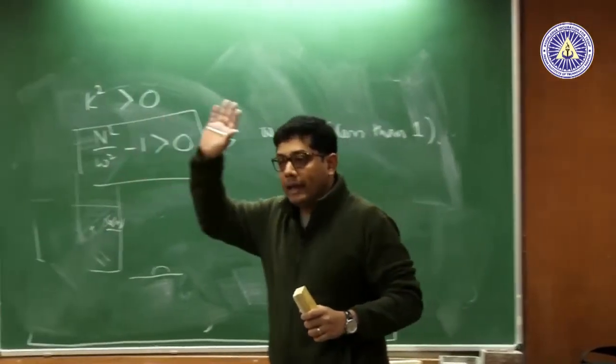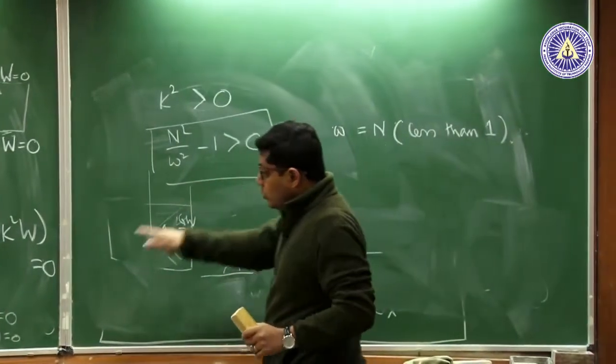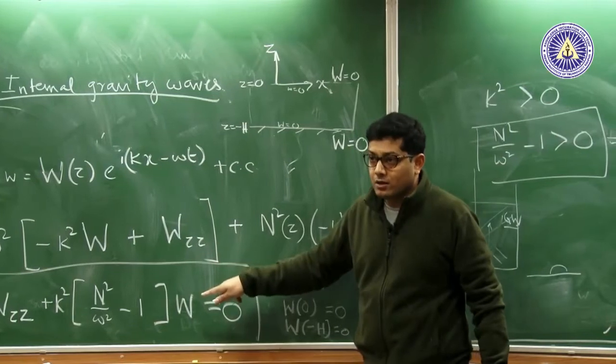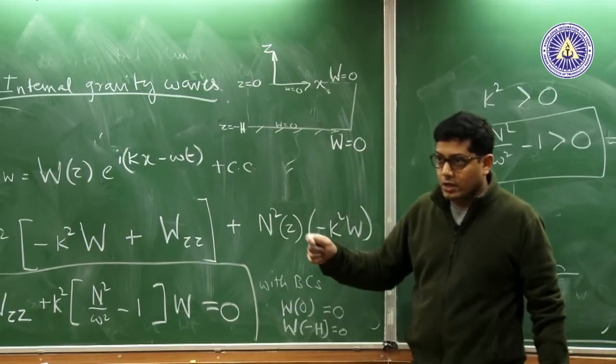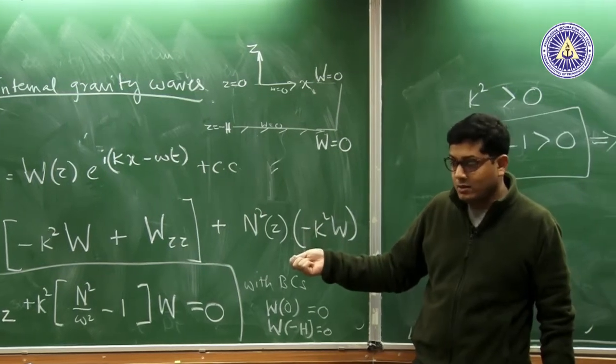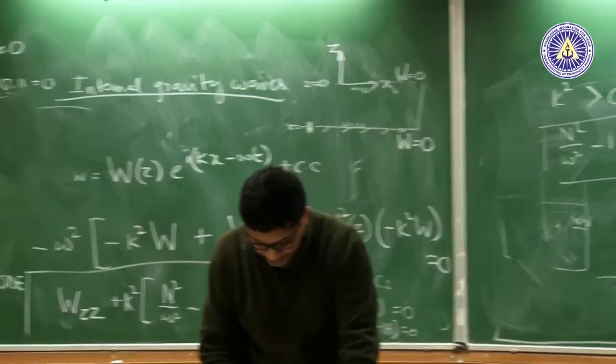Rightward you can call k and the leftward minus k, say. The equation is symmetric because it is k square. It is the same if you put k or minus k. So that is one of the important points to remember, the k symmetry.